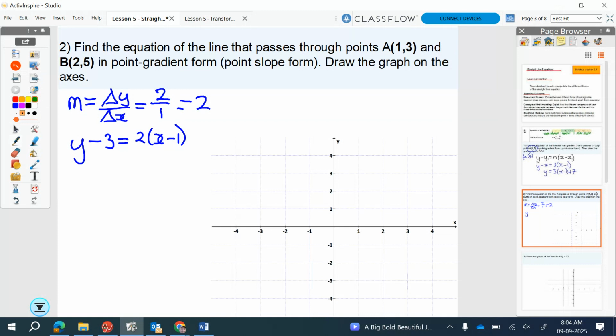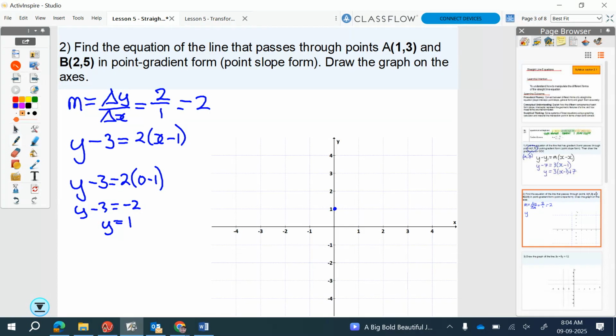So I get y minus 3 is equal to 2 bracket 0 minus 1. So 2 times minus 1 is going to give us minus 2. Y minus 3 is minus 2, and then move that 3 across. That gives us y is equal to 1. So when x is equal to 0, y is equal to 1, it's going to go through here.